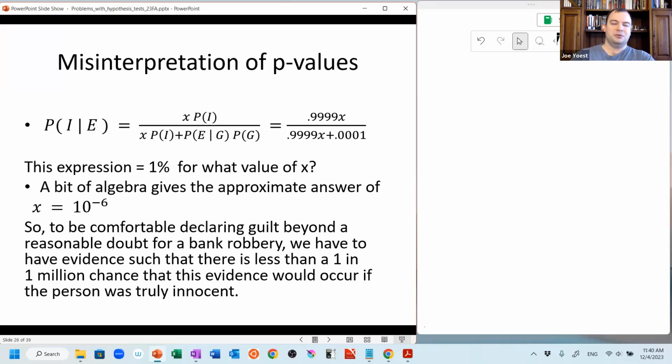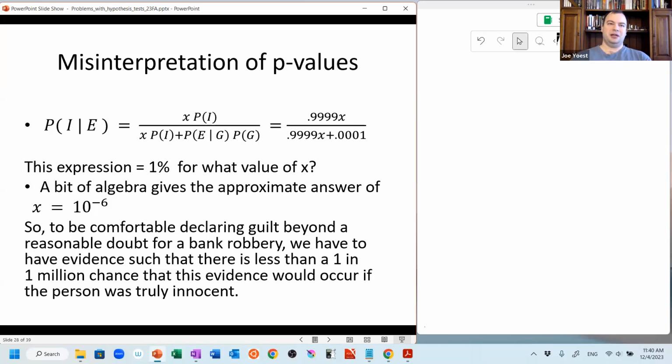And the answer is roughly 1 in a million. Not 1 in 100 or 1 in 200, which would satisfy the frequentist, which would drop the p-value below 1% and be highly significant. But the Bayesian would require circumstantial evidence of 1 in a million, right?